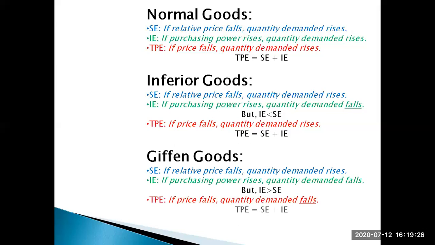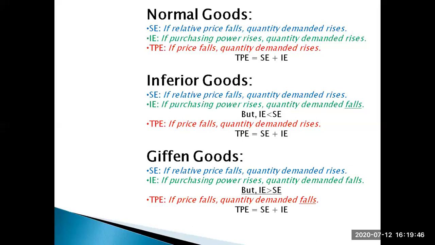Substitution effect, as again I said before, is the same for all kinds of goods. So if relative price falls, the quantity demanded rises as for any other goods. And Giffen goods being a kind of inferior good, the direction of income effect is the same as inferior good.